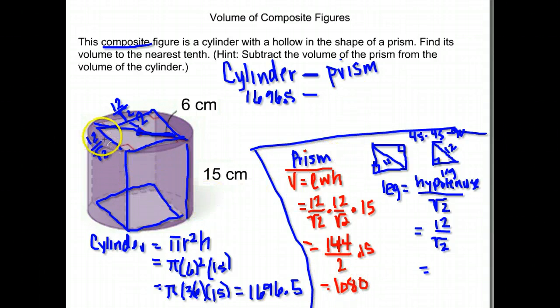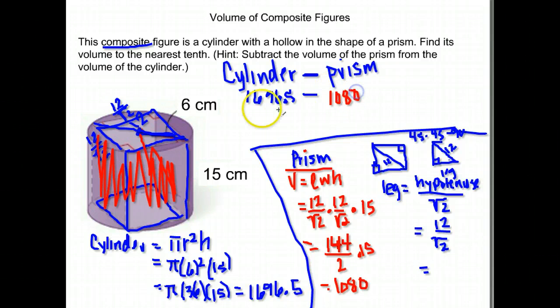Okay, now I can go up and finish. So the volume of this prism that was inside, just this part, was 1080. The volume of the cylinder was 1696.5. So I take the cylinder, subtract from it the prism, which is my hole that I cut out, and I will have the volume of the part that I want.